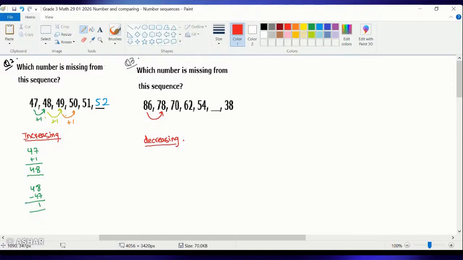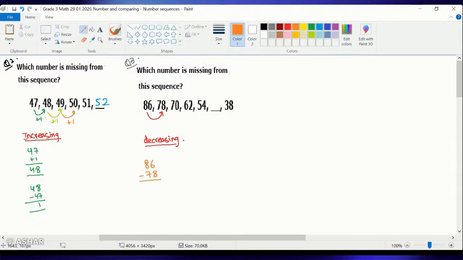So once we know it's a decreasing sequence, what is 86 minus 78? See, the biggest number, the first number is 86, the second number is 78. Then 70, then 62.